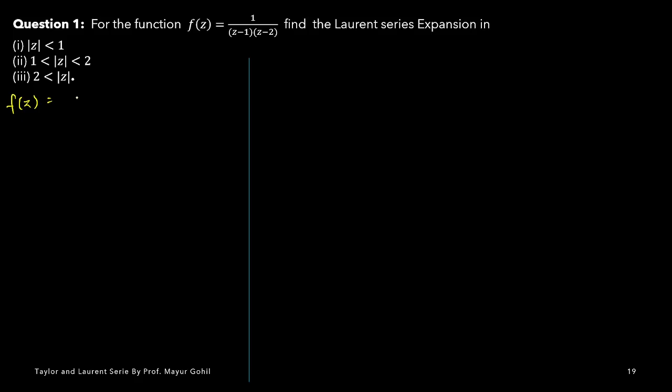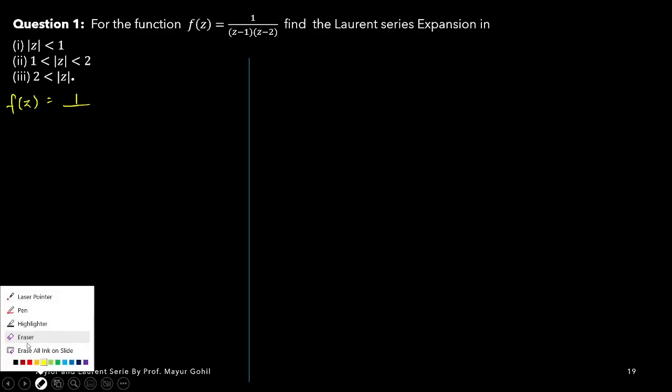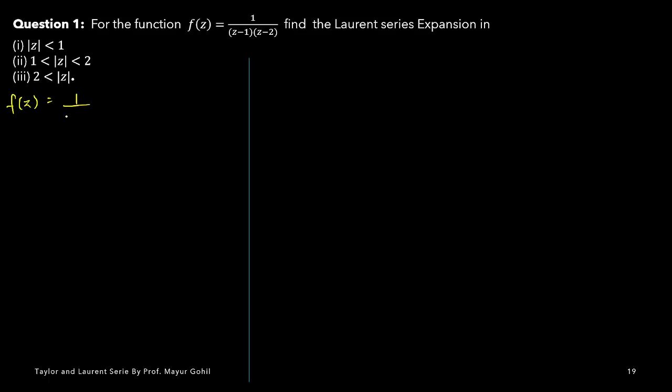F of z is 1 over 1 minus z, minus of 1 by 2, 1 over 1 minus z over 2. Right? This was the expansion that we obtained.